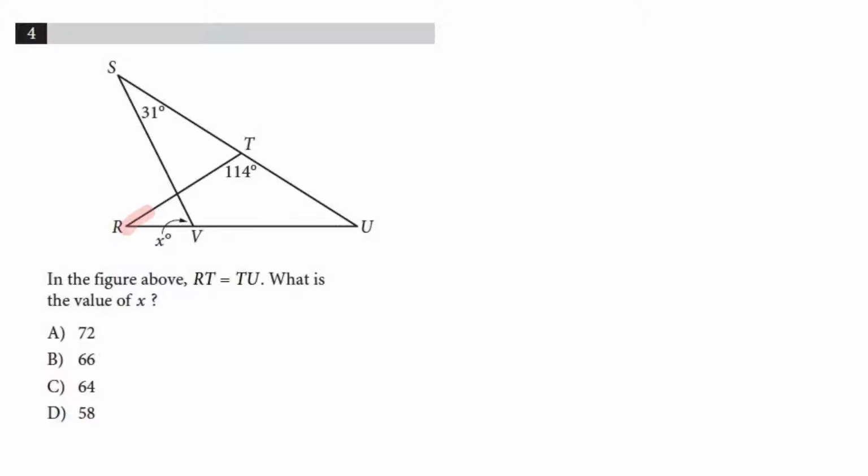Alright, we'll just start off with RT and TU are equal. Okay, so that's an isosceles triangle. That means that the base angles are going to be congruent, and I'm going to call that angle A. All right, so therefore 2A plus 114 must equal 180.